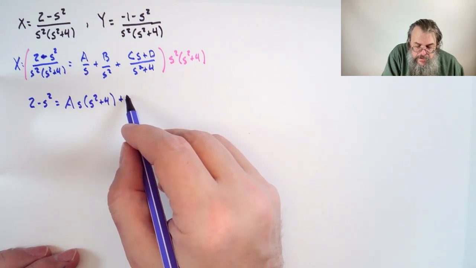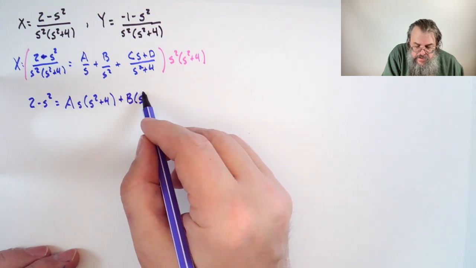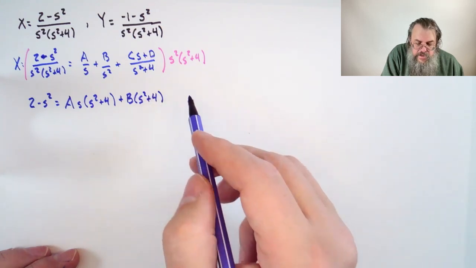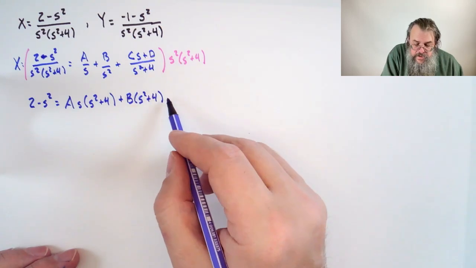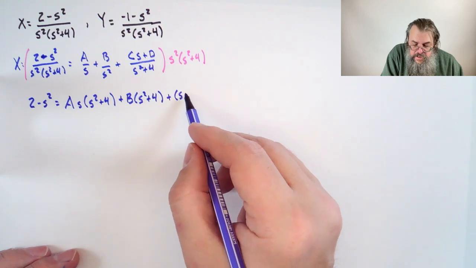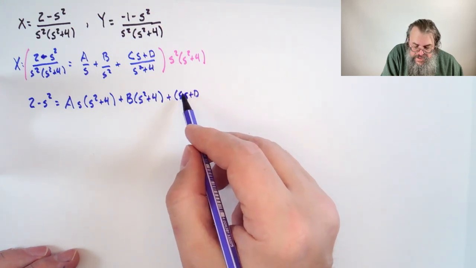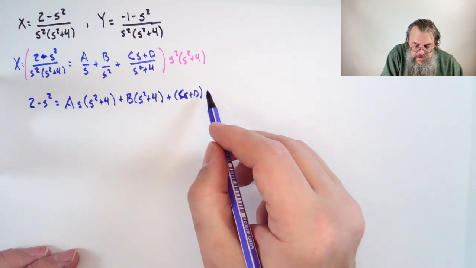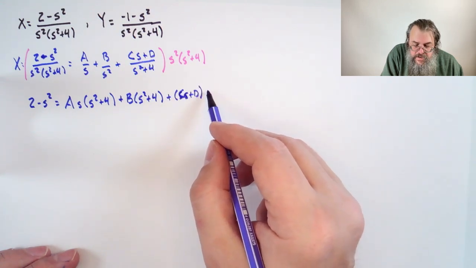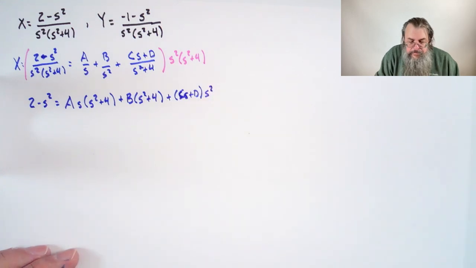So I'll have b times s squared plus 4. And then here, I'll get rid of the s squared plus 4. So cs plus d, that's looking not very great, but that's all right. We still know what we mean, times s squared.